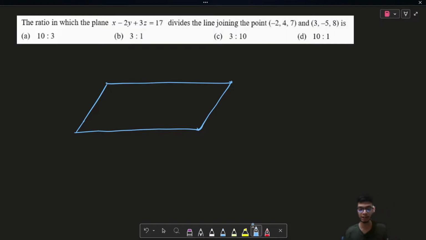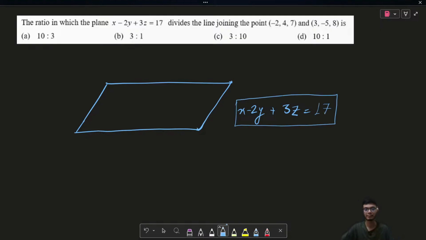In this kind of question, doing a pictorial representation actually helps you. Okay, so this is my plane whose equation is given as x minus 2y plus 3z is equal to 17, right? So this is the equation of this particular plane.